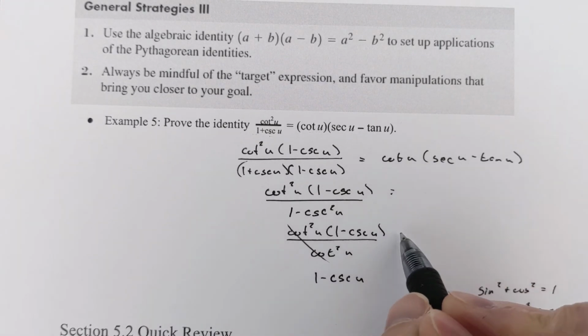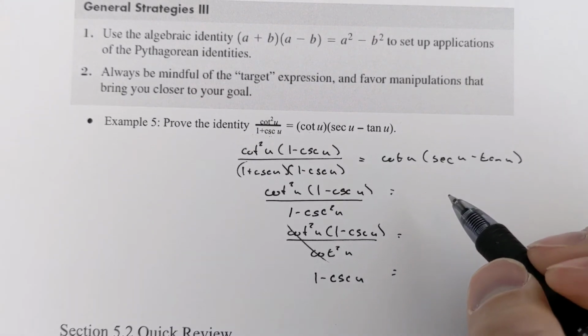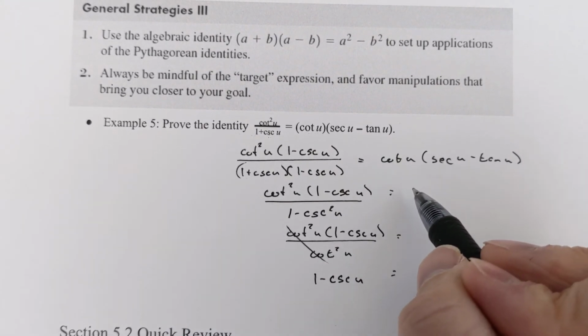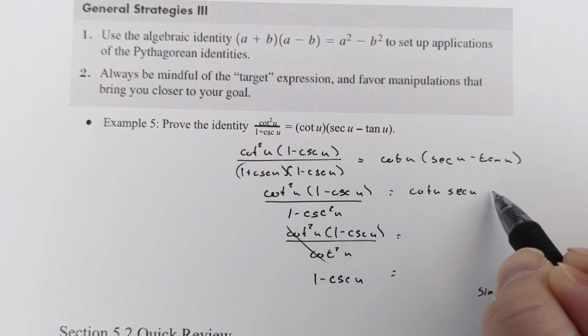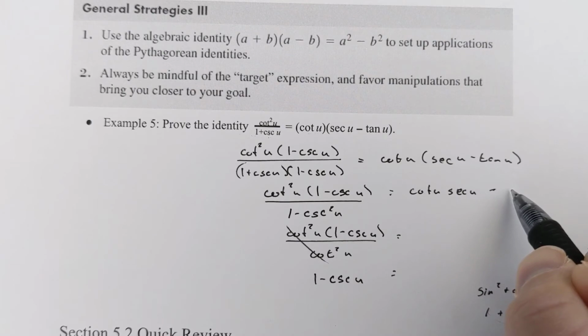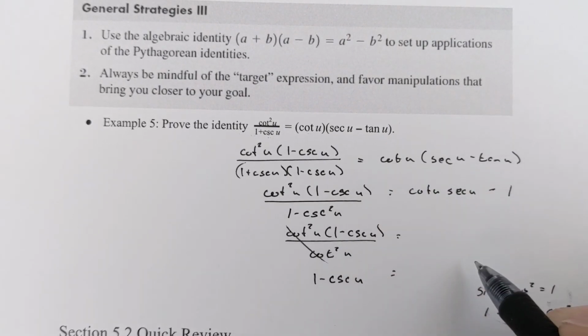But that's not what I have on the right, so now let's look at the right-hand side. If I distribute, I get cotangent u secant u minus 1, because cotangent times tangent, they're reciprocals. They're 1.